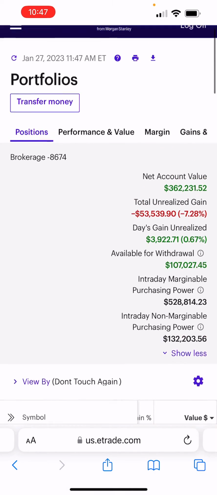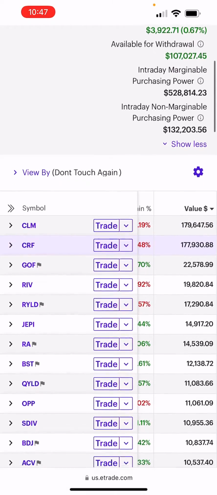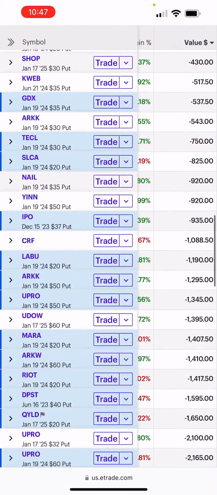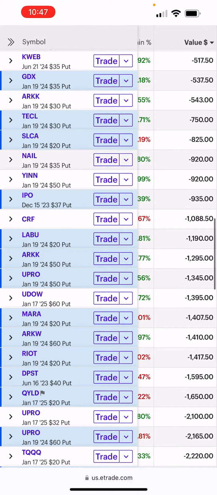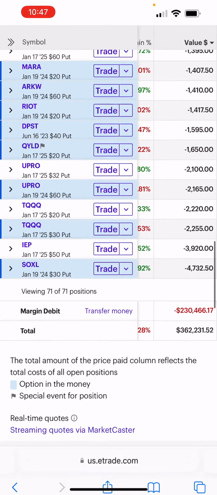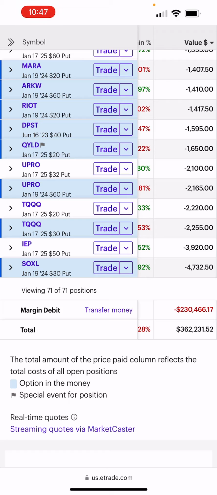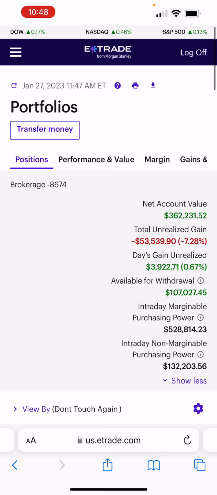My account's 360, but I have 400 invested in these 2 funds, which pay those attractive dividends that you saw, $2,700 a month and 26 respectively, so about 5,000. And they pay back this margin. At the end of the year, this margin will be cut in half from 230 to 130, and my account will grow from 360 to 460. And so that's how you really grow and get ahead, using margin.